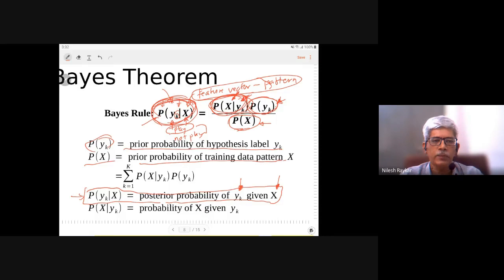For whatever pattern we are trying to investigate, how many times can that pattern exist, irrespective of the outcome? This term is mathematically given here. We do not worry much about this parameter, because it is independent of whatever label we are trying to predict.